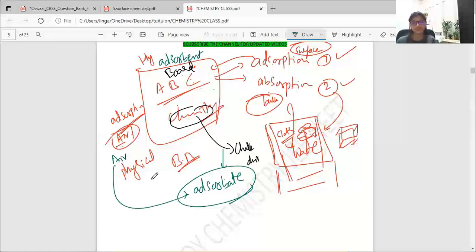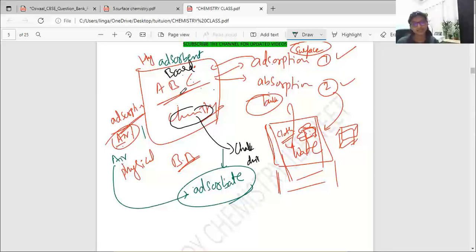Is it clear? If you take one example, then the definitions and those words you can understand easily. Here the board is the adsorbent, the chalk dust is the adsorbate. Air is the adsorbate, and the computer screen is the adsorbent. Is it clear? Yes, sir.